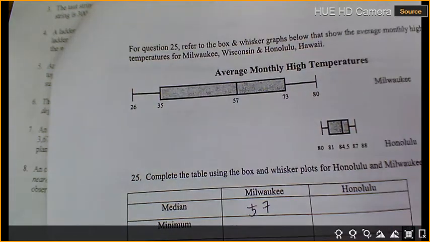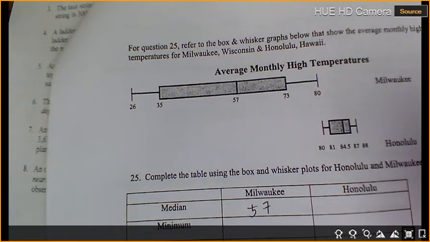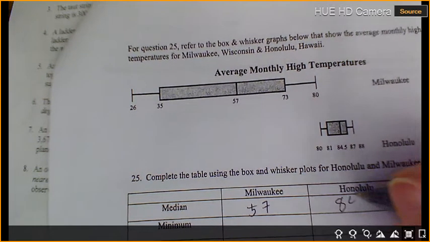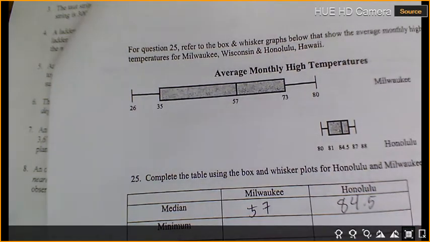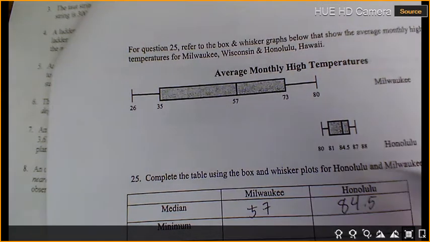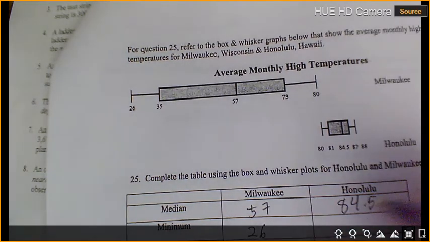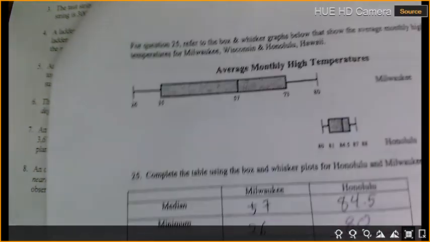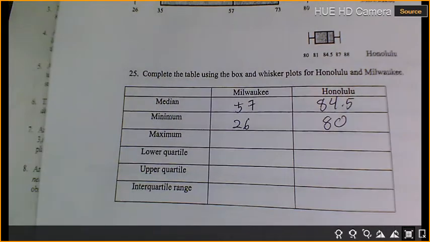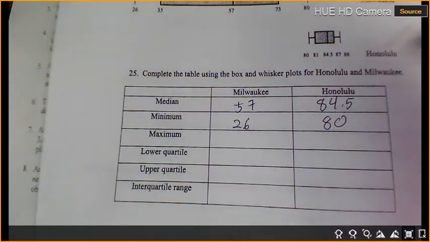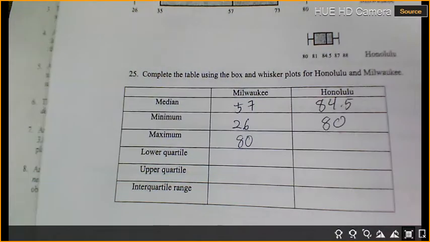What's the median for Honolulu? 84.5, good. What's the minimum for Milwaukee? What's the minimum for Honolulu? Oh, wouldn't that be nice? Minimum's 80 degrees. Maximum for Milwaukee? 80. Maximum for Honolulu?